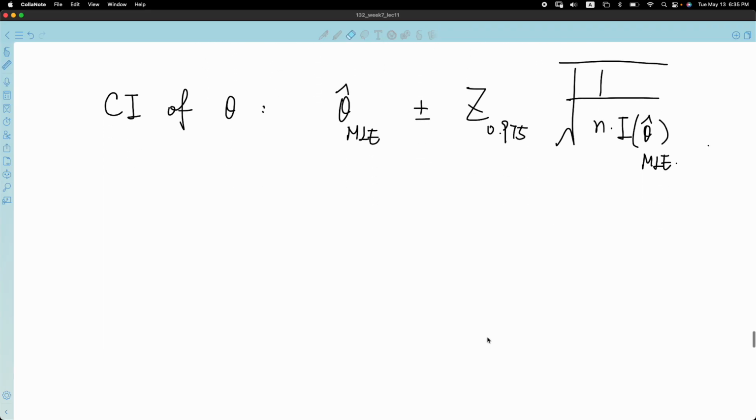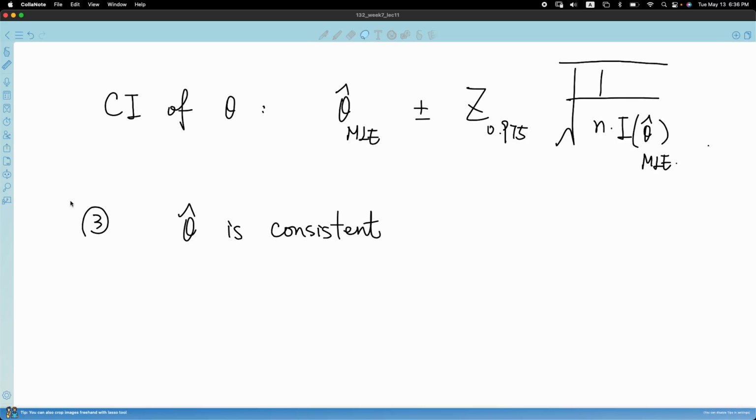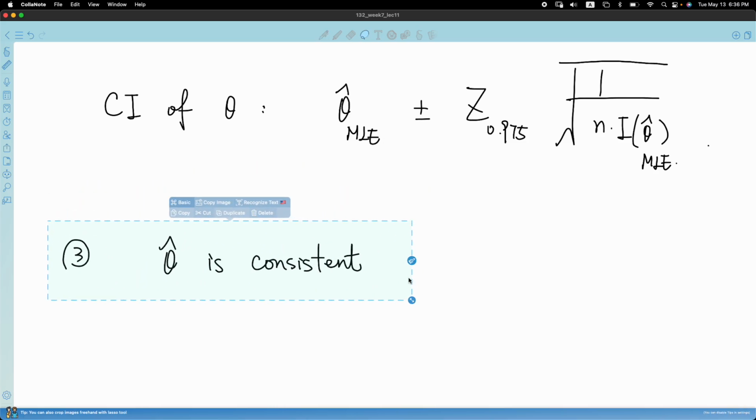Okay, let me add one more property for the estimator. We call theta hat consistent.